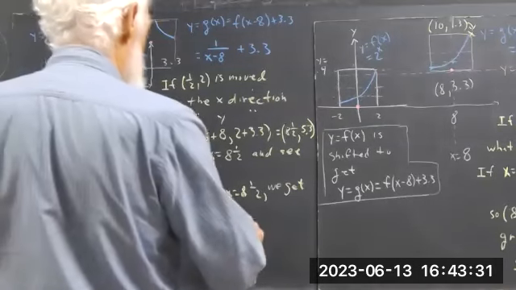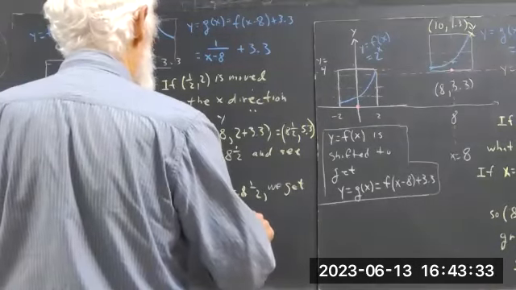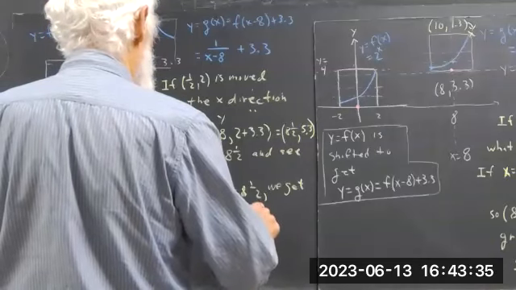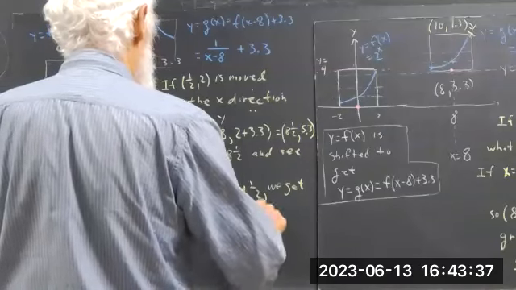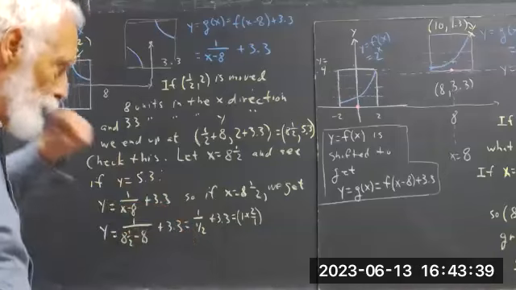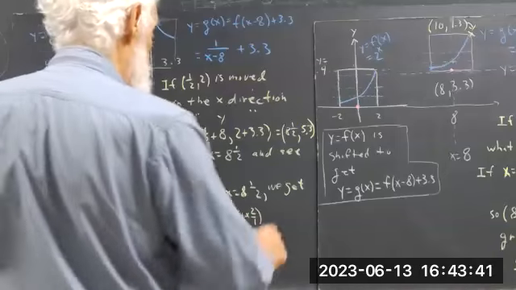Okay, that equals 1 divided by 1/2, which is 1 times 2 over 1.